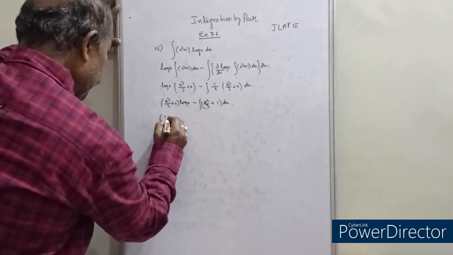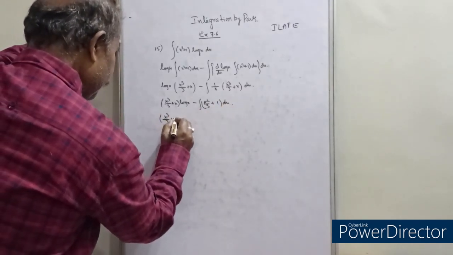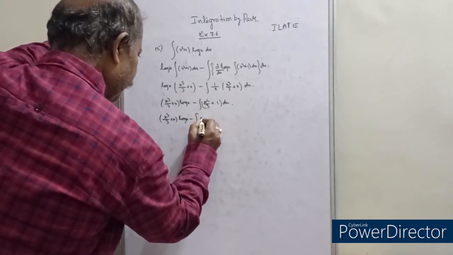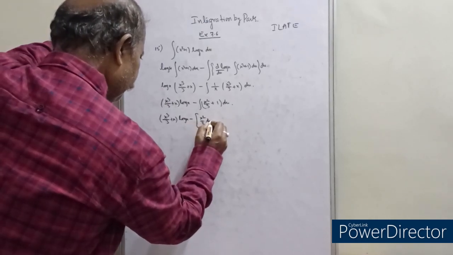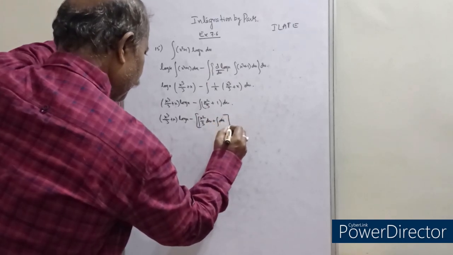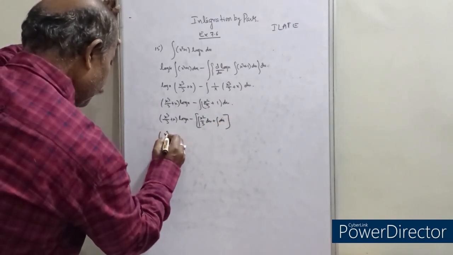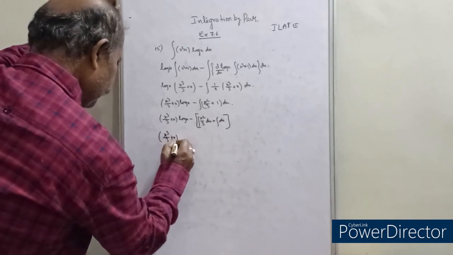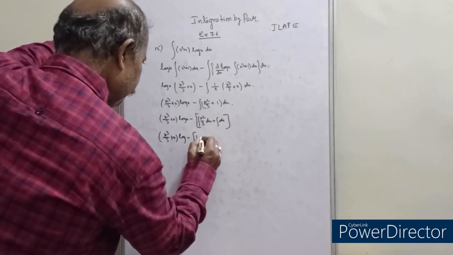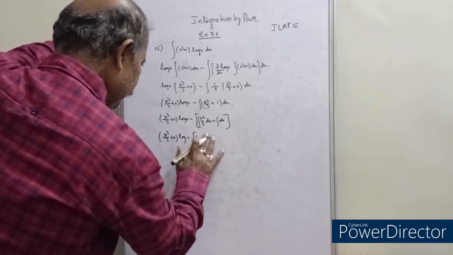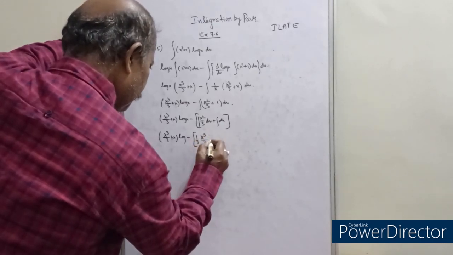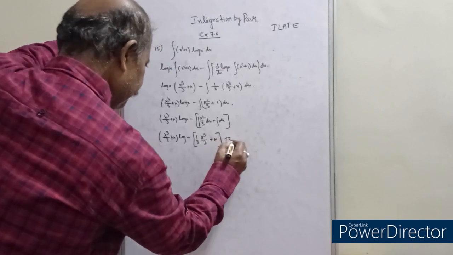So this will be x cube by 3 plus x log x minus integration of x square by 3 dx plus integration of dx. Now this will be x cube by 3 plus x log x, and this will be x cube by 9 plus x plus c.